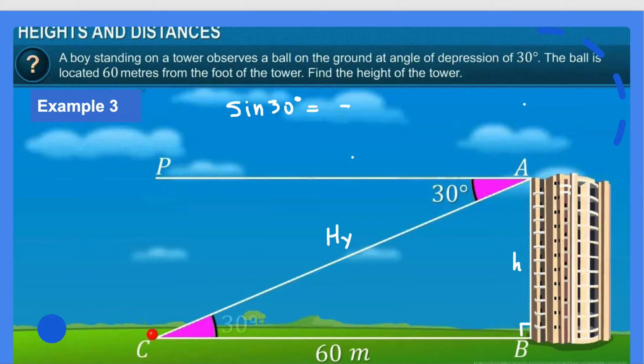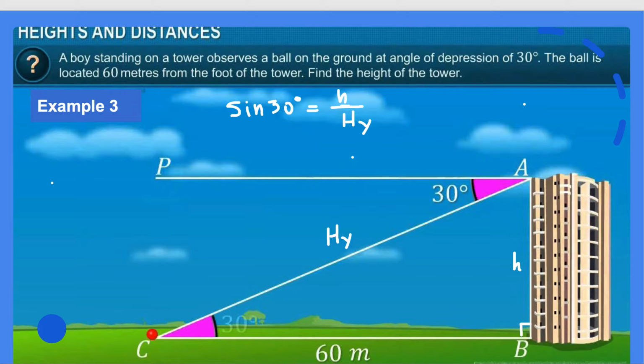The opposite of the 30 degree angle is H, so sine 30 degrees equals H divided by the hypotenuse HY.